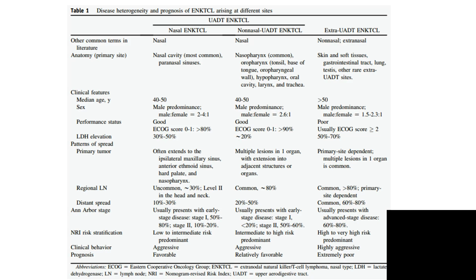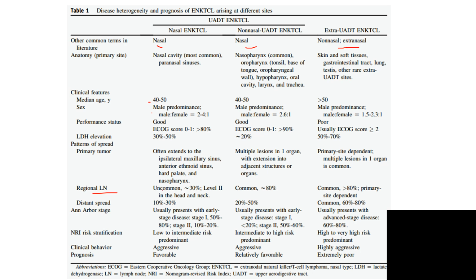We'll look into a bit on the subtypes of NKT cell lymphoma. We have the nasal type, the non-nasal type, and the other types as well. All of them are predominantly around the age of 40s and 50s, predominant in males. In terms of regional lymph node involvement, they differ.